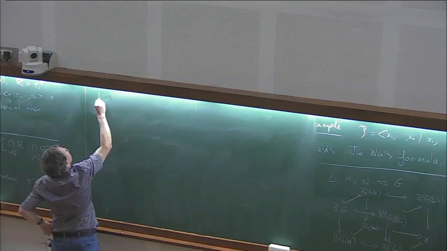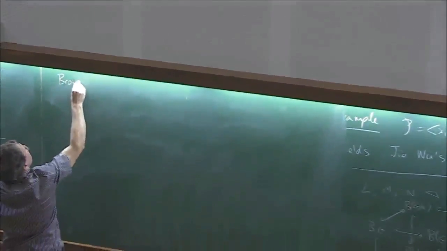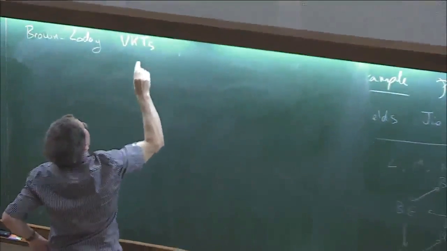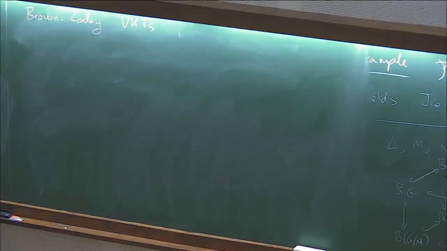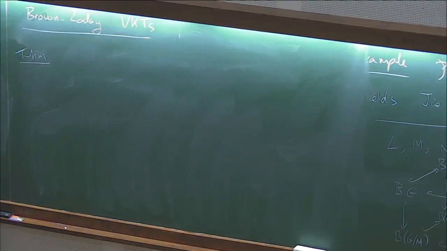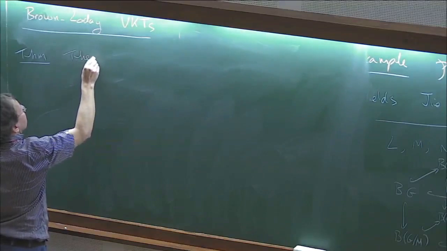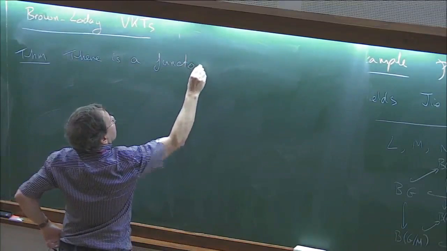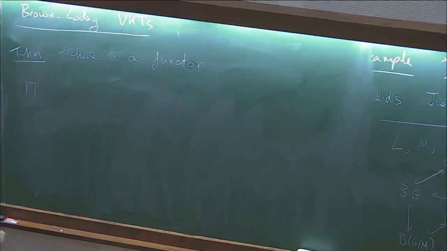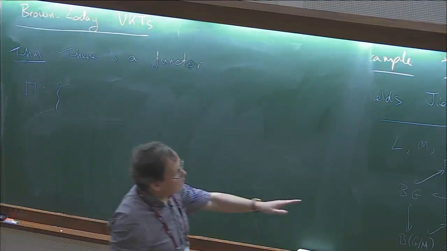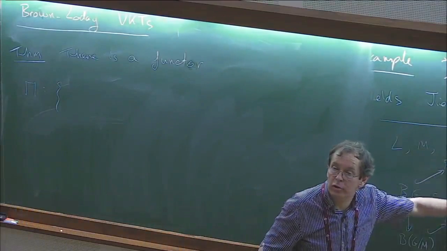Well, let me just talk about the Brown-Loday approach to Van Kampen theorems. What they establish, with Richard Steiner as well in Glasgow, is that there is a functor, which I'll call capital Pi, which goes from the category of n cubical diagrams, n cubes of spaces. This is a 3 cube of spaces.